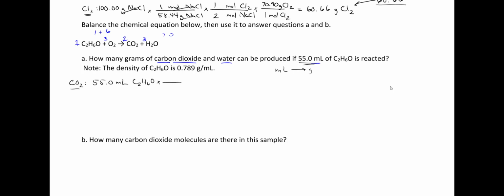When using the density, it is critical that you pay careful attention to the units. So the density is 0.789 grams per milliliter, which means for every 1 milliliter. So down here in the denominator, I have milliliters of ethanol, and we said per 1, and this is 0.789 grams.